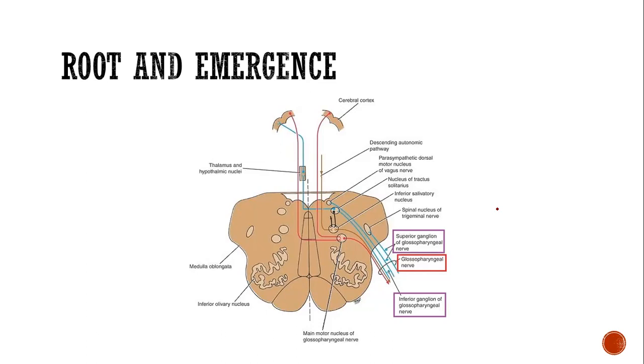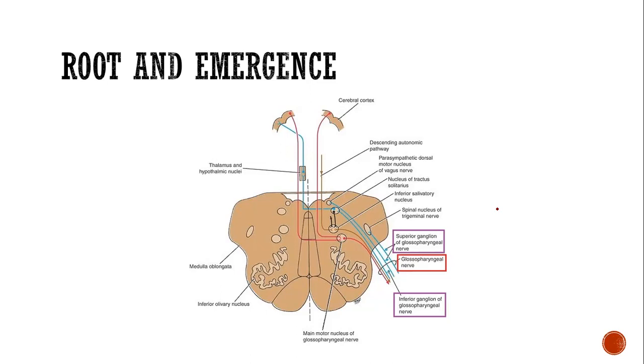Similarly, the fibers you can see in pink are coming from the main motor nucleus. Along with that, we have the fibers coming from the nucleus of tractus solitarius, which you can clearly see in blue. Furthermore, there's a superior ganglion of the glossopharyngeal nerve, which is also present within the glossopharyngeal nerve itself.